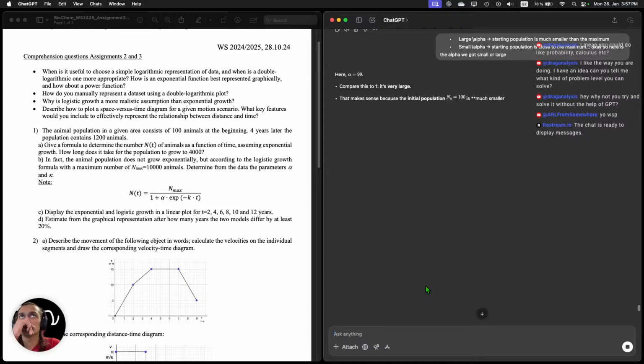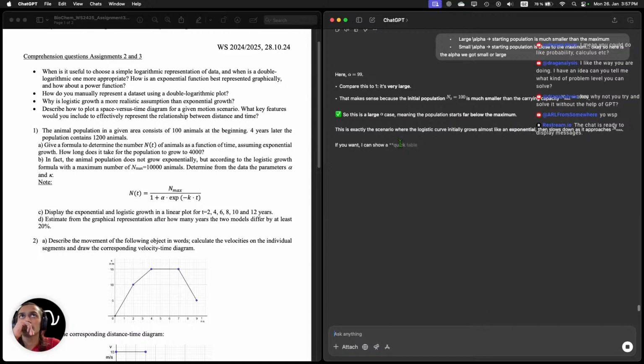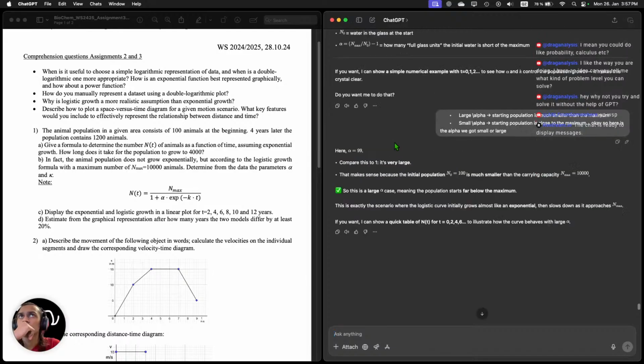It's very large. Compare this to 1. So this is large, okay. So if alpha is large, then starting population is much smaller. Okay.